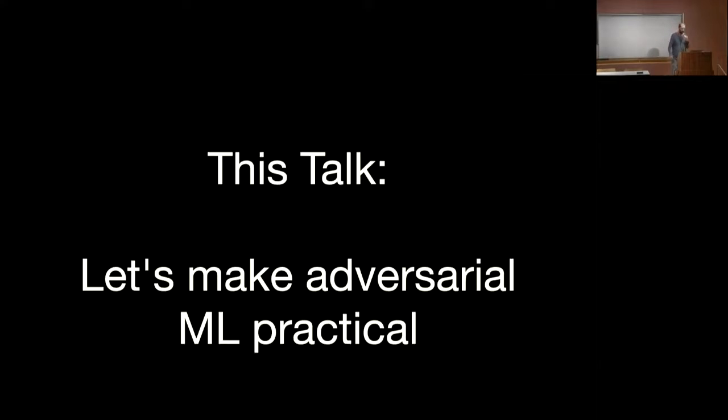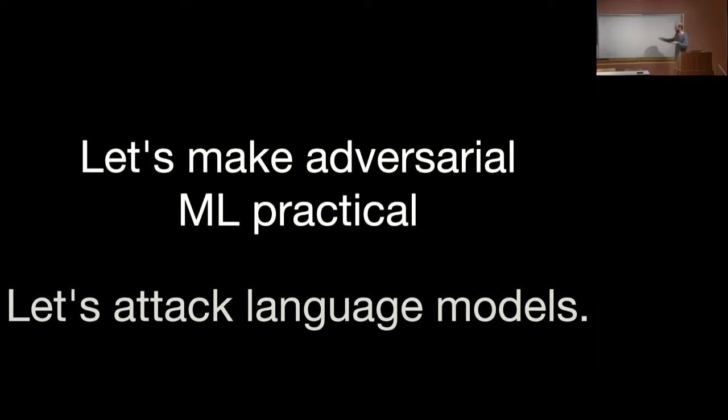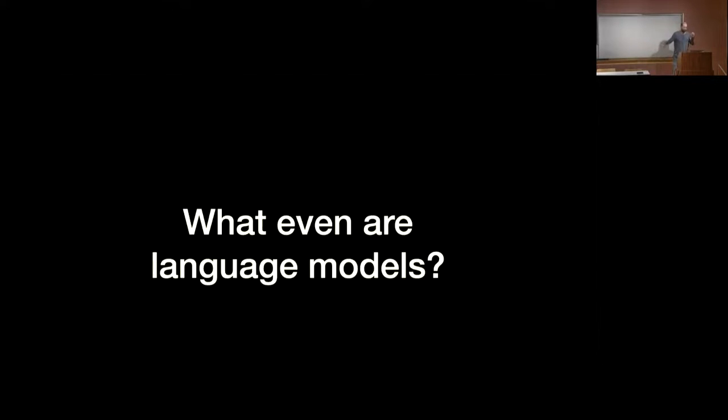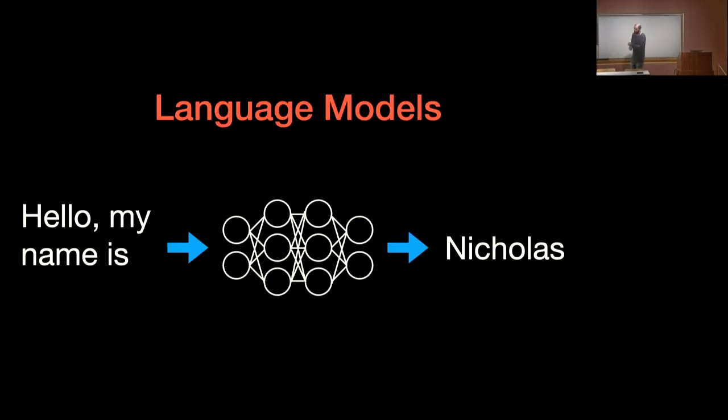Okay. So with that motivation out of the way, let's make adversarial machine learning practical. In particular, let's attack language models, because this is the thing that everyone in the world is using now. What are language models? We like to think of language models as something special, in that you put in words and words come out, and then you can use them autoregressively.